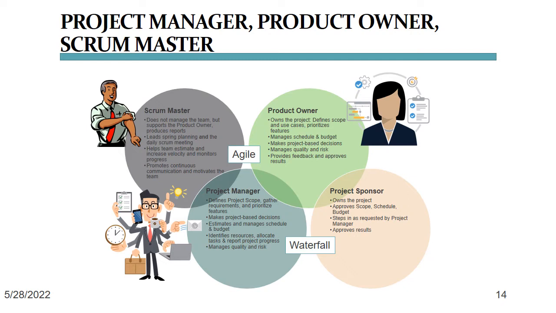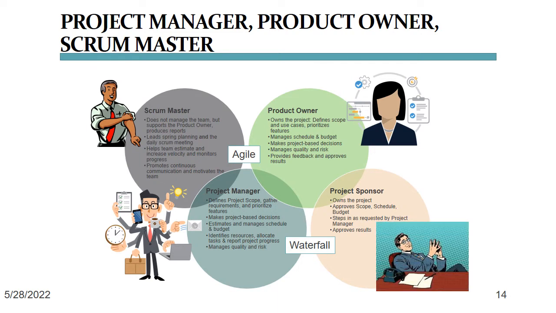The project manager also makes project-based decisions, estimates and manages the schedule and the budget, identifies resources, and manages the team, in other words. Those are a lot of roles that the Scrum Master does not occupy.